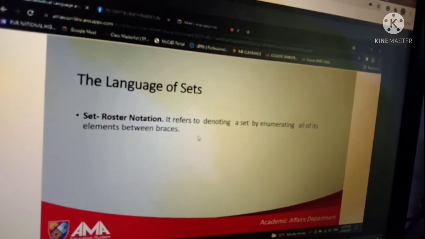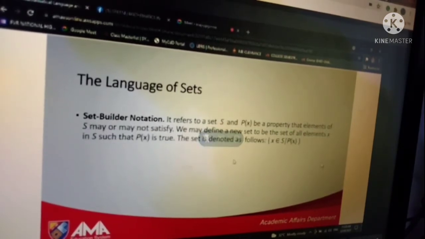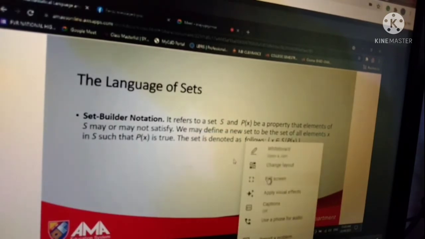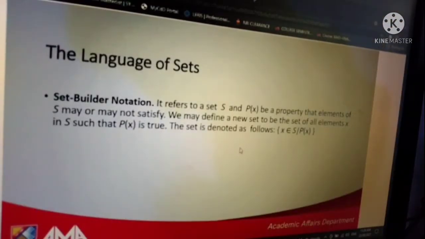Okay, next, between braces. Next natin ay yung set builder notation. Ito sa notation to ginagamit, no? It refers to a set. Pinapakilala natin yung mga set of S and P of X. Pero ang basa niya dyan ay P multiply by X or P times X. Pero it actually P of X, no?